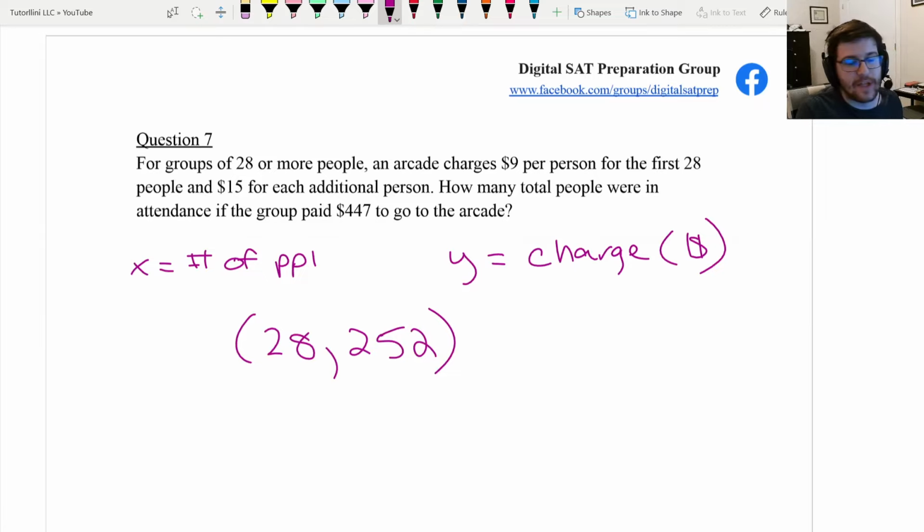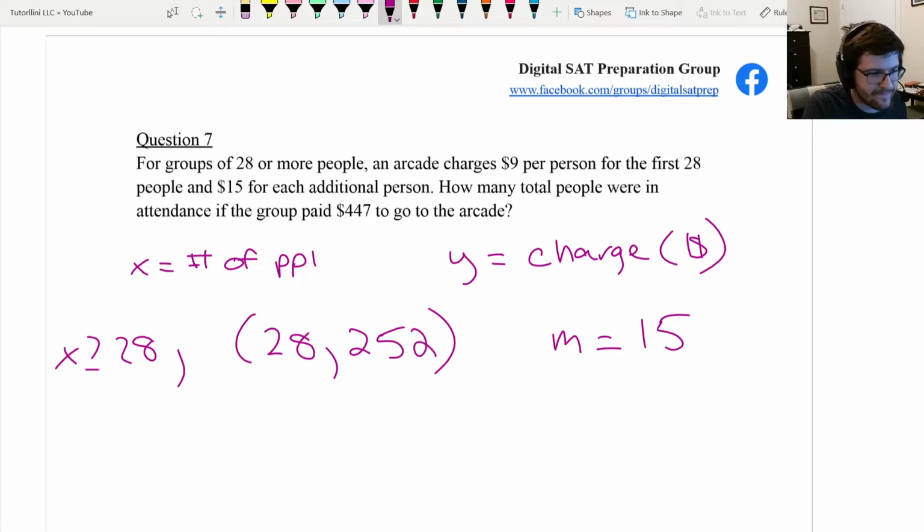And then after that, they get charged $15 for each person. So when x is greater than or equal to 28, we have this point, and we have this slope of 15. Each additional person. It's a slope word problem.